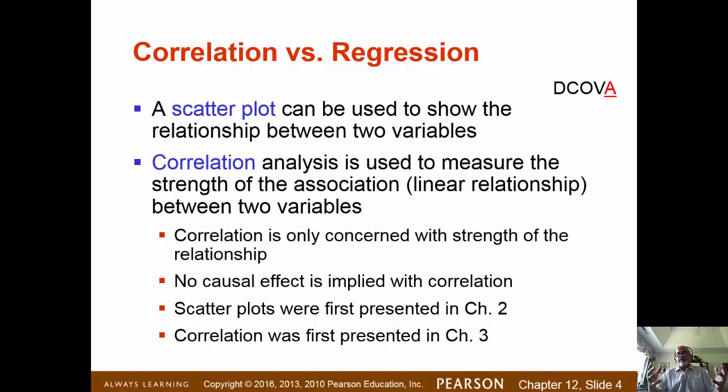A scatter plot will show us the relationship that may exist between the two variables x and y. And correlation is a numerical estimation of that relationship between x and y, the two numerical variables.